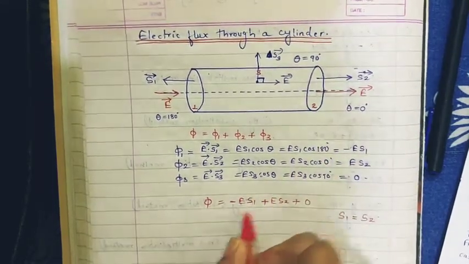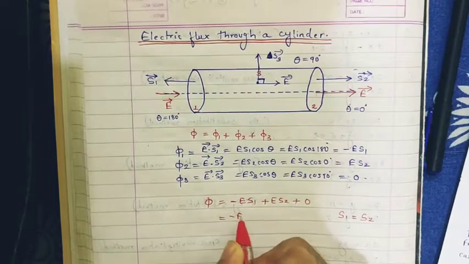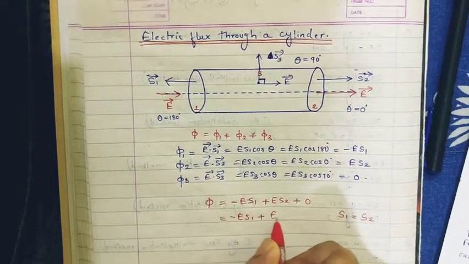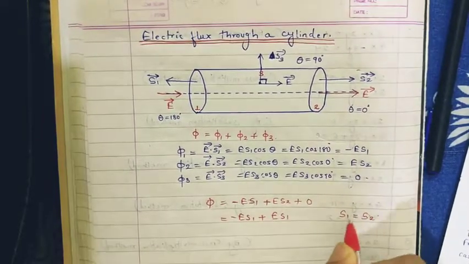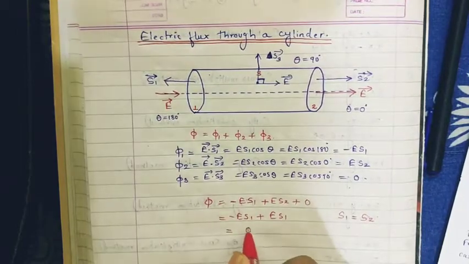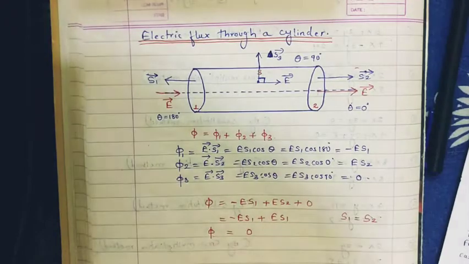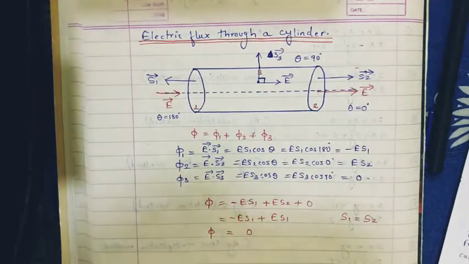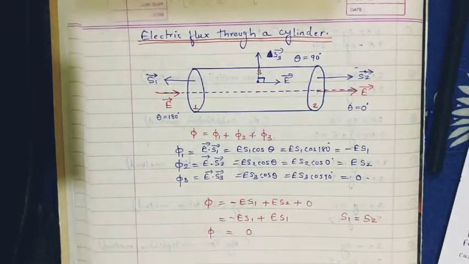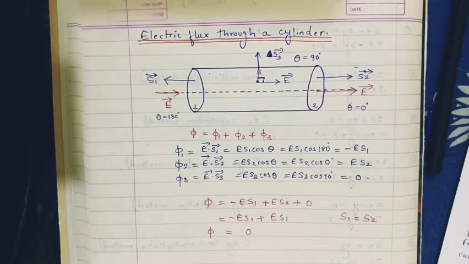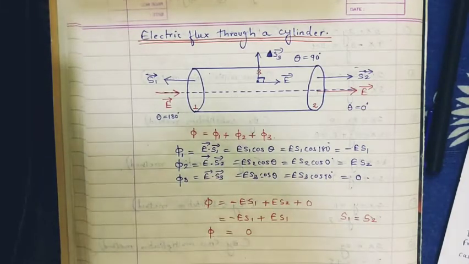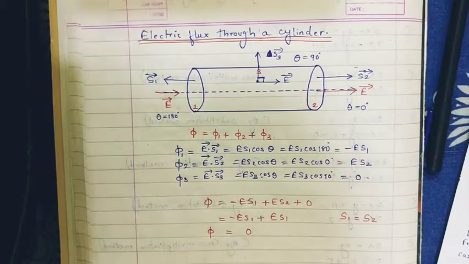So I can replace S2 with S1, giving minus E S1 plus E S1, which is 0. So the electric flux coming out of a cylinder placed in a uniform electric field is 0. This is going to be your final statement.